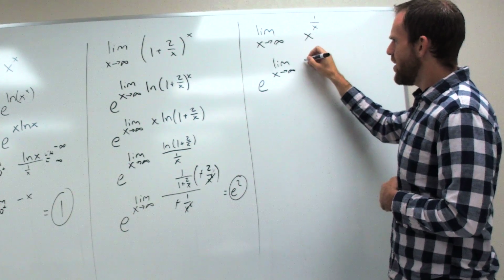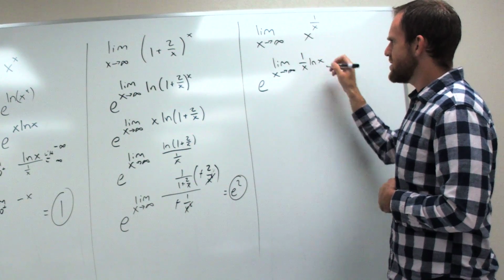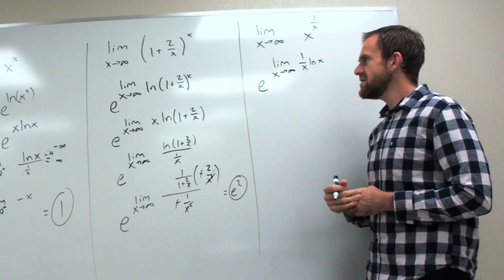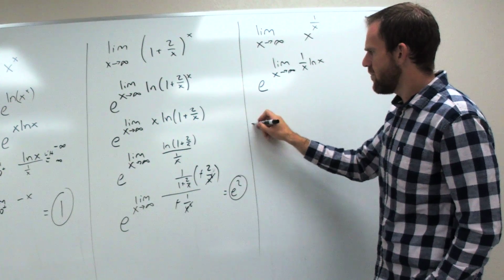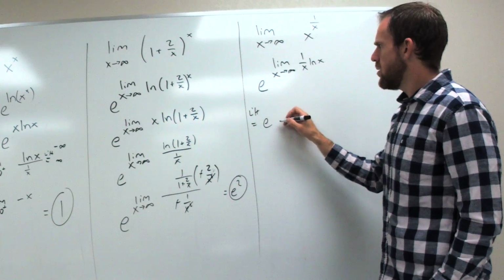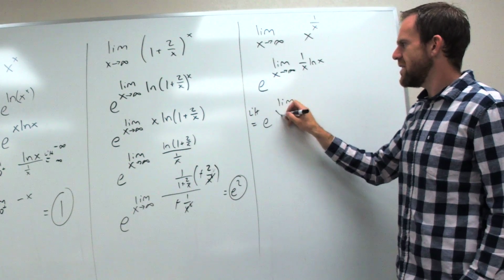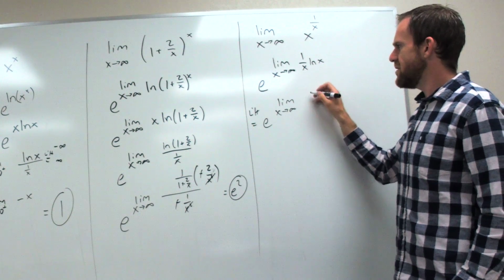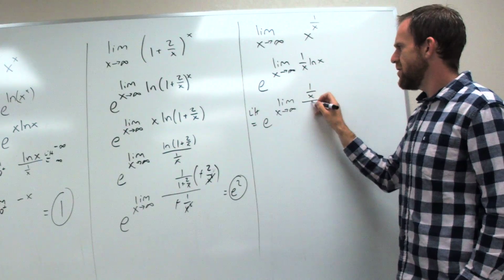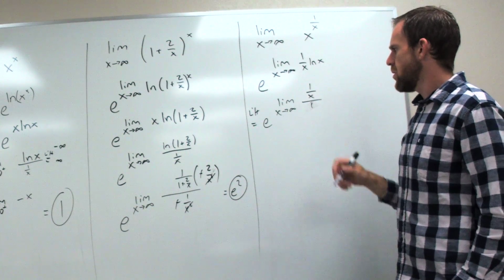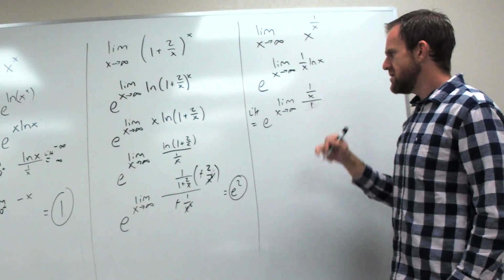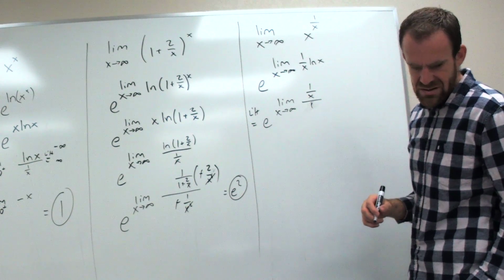I'll take the ln already, so I get 1 over x, ln of x. This is infinity over infinity, so I can do L'Hopital immediately. So I have e to the limit as x approaches infinity of derivative of the top is 1 over x, derivative of the bottom is 1. So I have 0 up here, so that looks like 1.